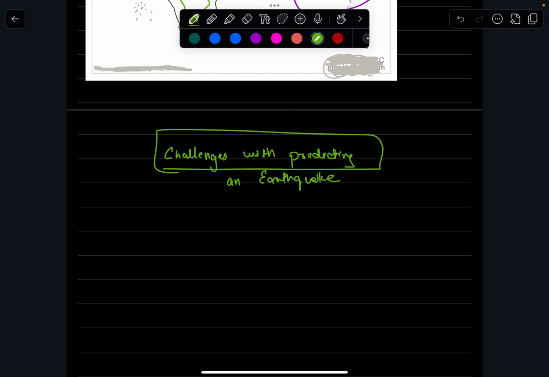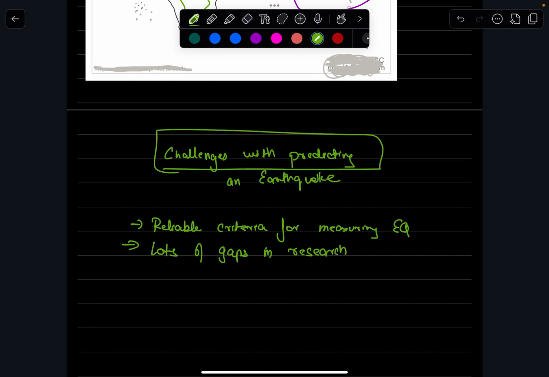The biggest challenge is that we do not have any reliable criteria for measuring earthquakes. We have lots of gaps in our research. We cannot predict it with precision.